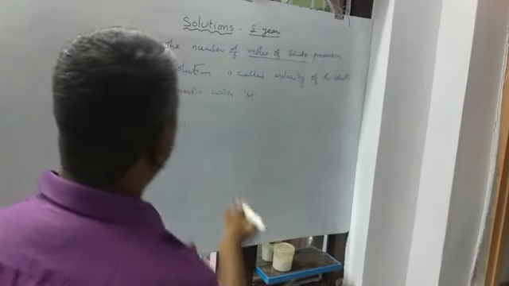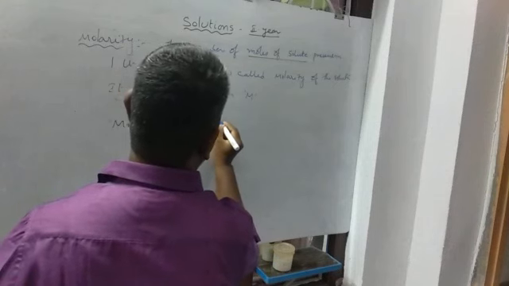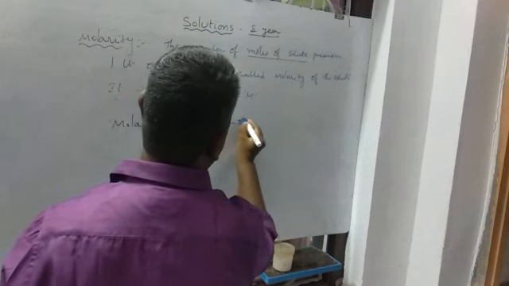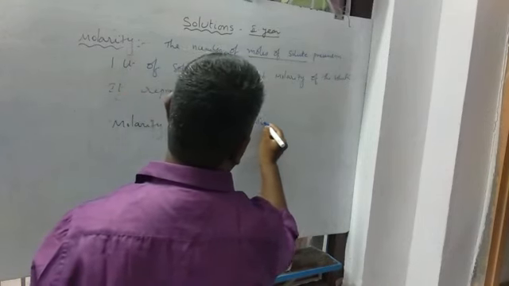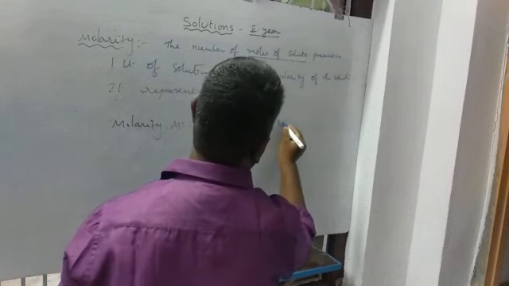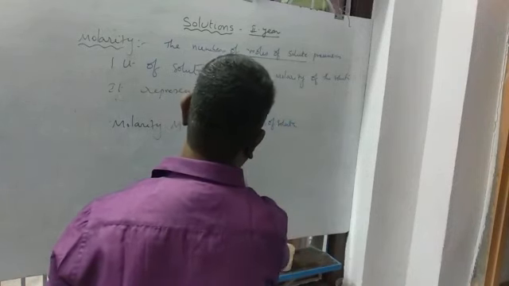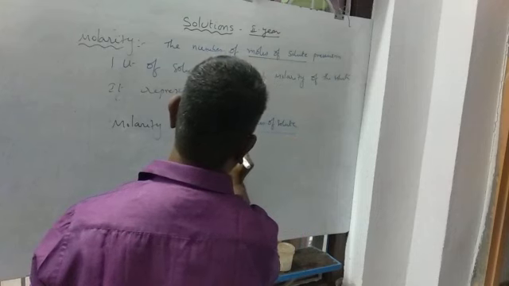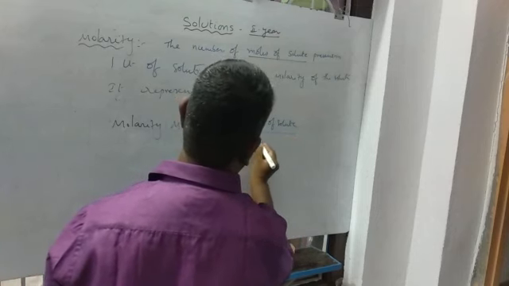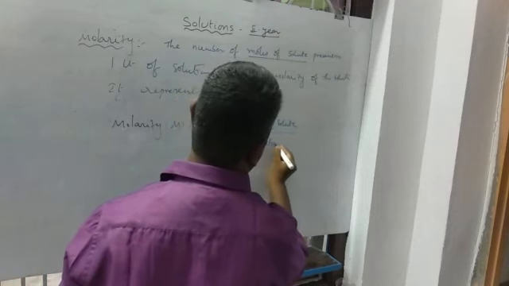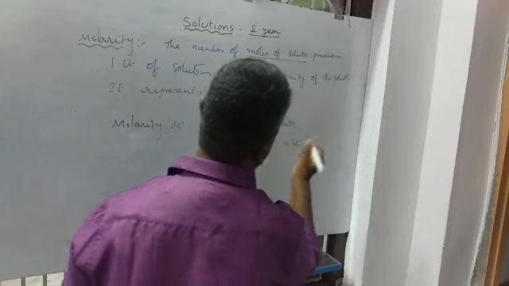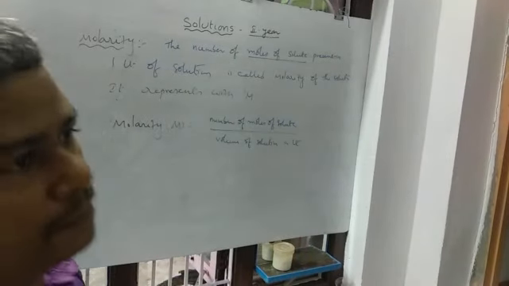What is the formula? M equals number of moles of solute by volume of solution in liters. That is the formula.